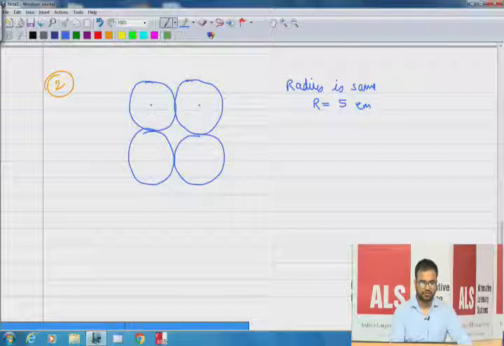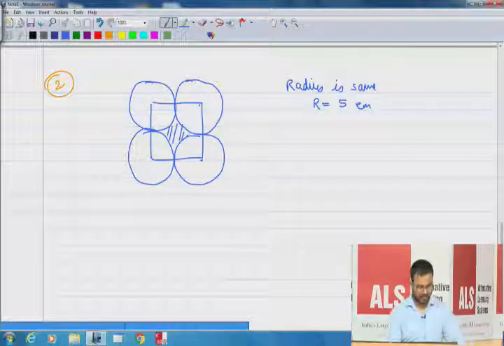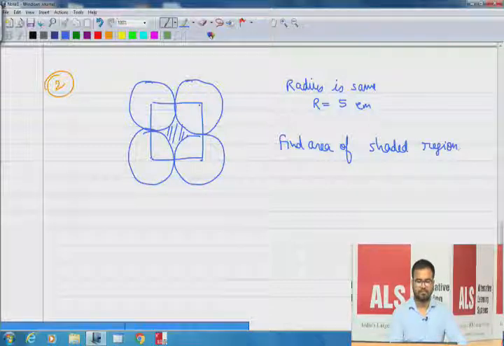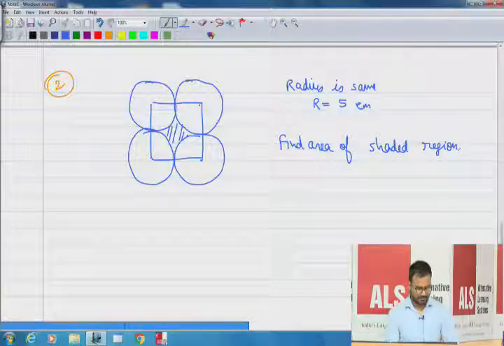Their centers are joined like this. Find the area of the shaded region. All of you try this.